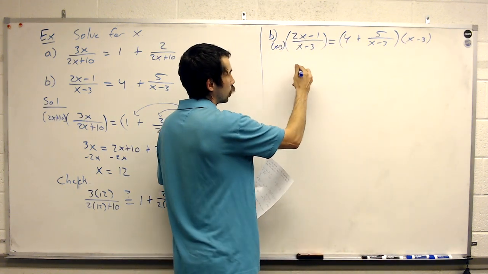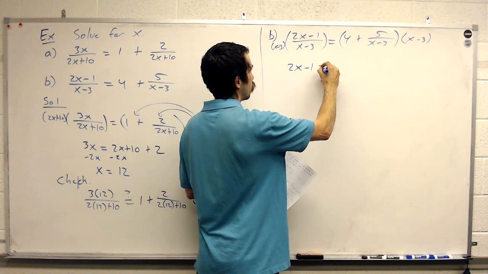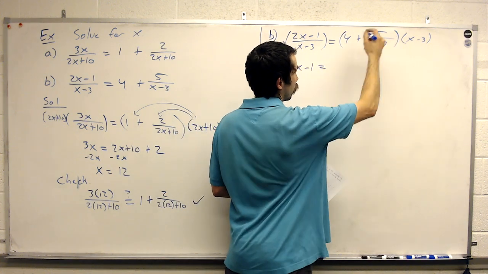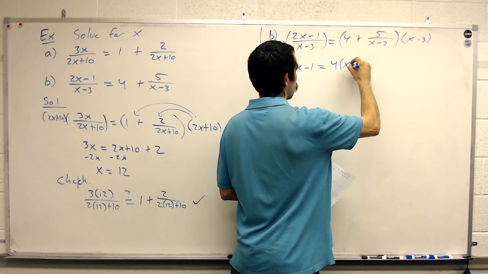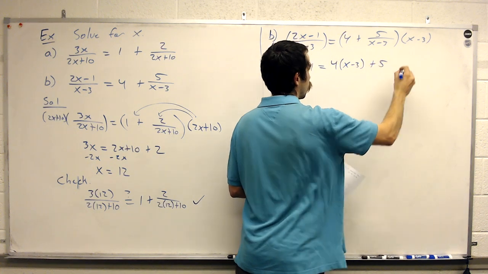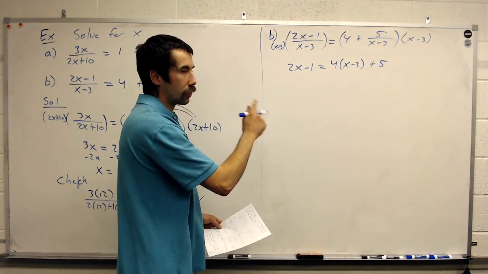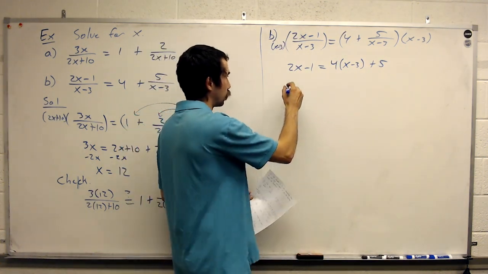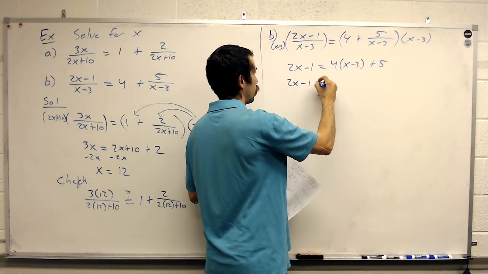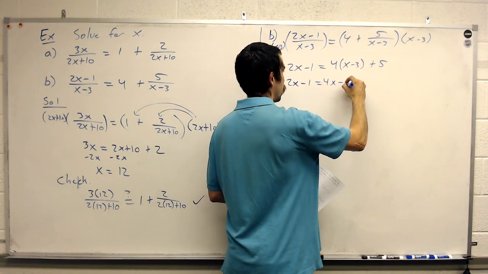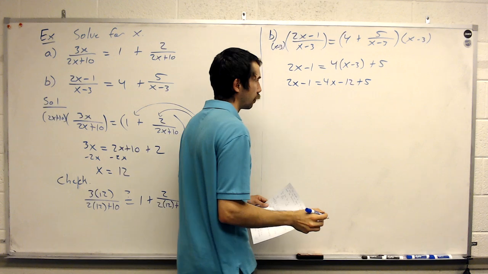The left-hand side just becomes 2x minus 1. And the right-hand side, again, it's going to distribute. So we have 4 times (x minus 3) plus 5. Let's distribute the 4 and combine like terms. So 2x minus 1 equals 4x minus 12 plus 5.